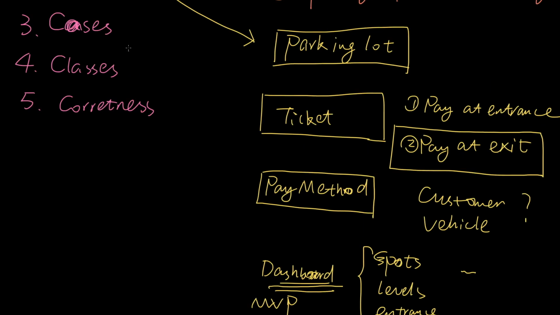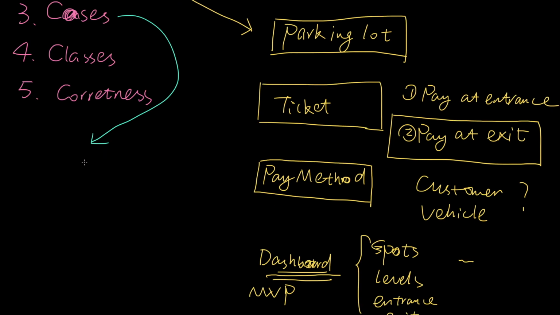So if we go on a little bit, this is the use case. I think my whiteboard is not large enough to write all of the things here. Yeah, so the use case. Imagine in the parking lot, we can have different angles to look at this problem.